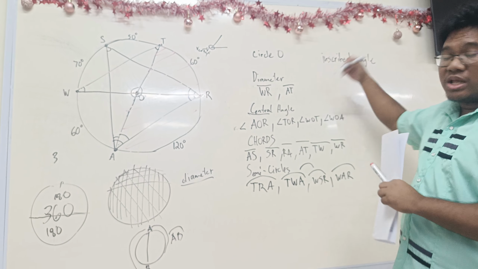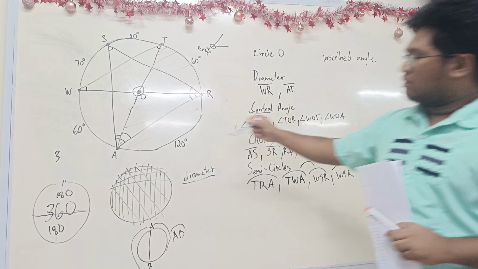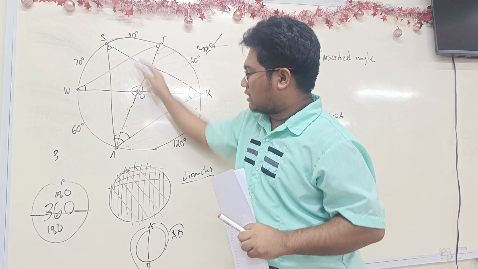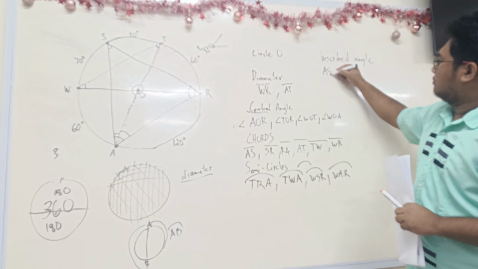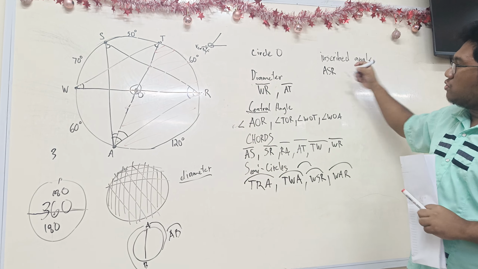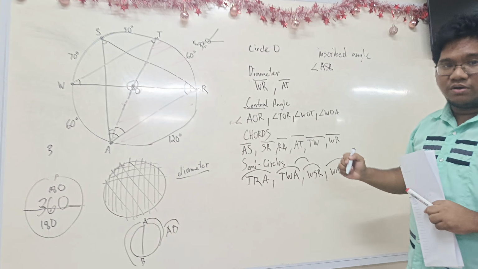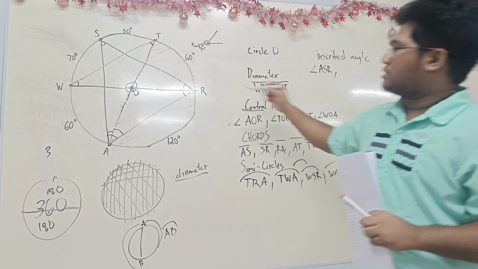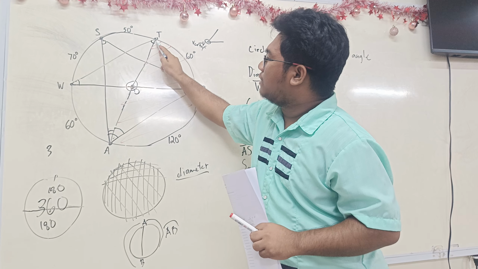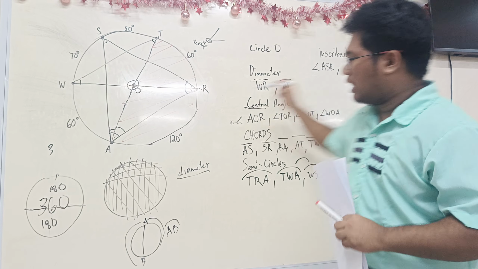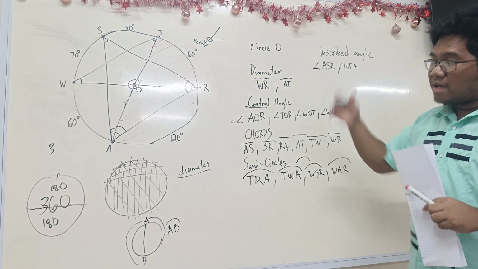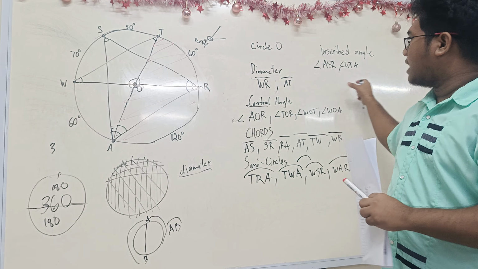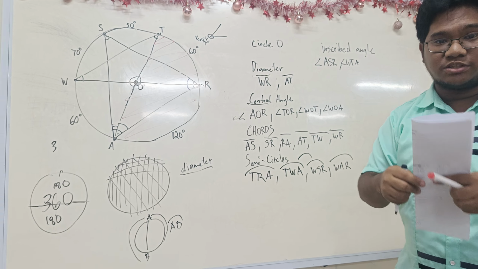Masyadong marami, pero magsulat tayo ng ilan. Okay? So, kung ito yung vertex natin, ASR. So, dahil angle ang tinutukoy, angle ang ilalagay nyo. Okay? What else? Ito yung vertex. So, WTA. Ayan. So, marami pa yan. Okay? Hindi na natin iisa-isahin para mabilis tayo sa ating discussion.